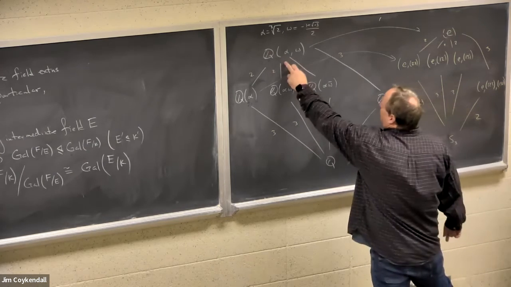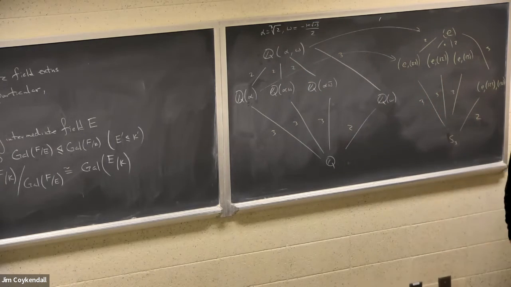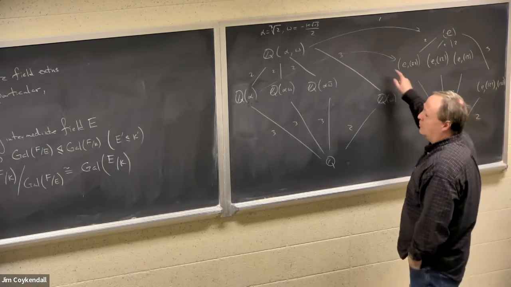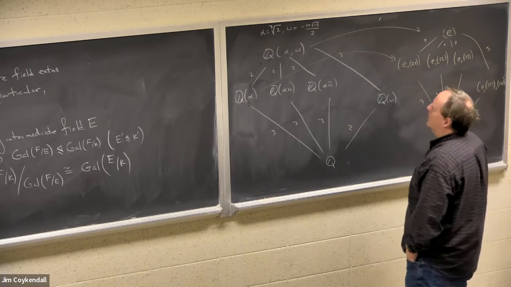So you can verify for yourself that this is actually Galois over all of these. But it also says that an intermediate field is Galois over, in our case, Q, if and only if its corresponding Galois group of F over E is normal in the whole Galois group.